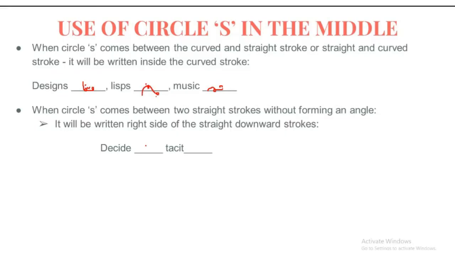Then in this case, it will be written on the right side. It will be treated as left motion. T, S circle and D. Tacit, T, S circle and T.